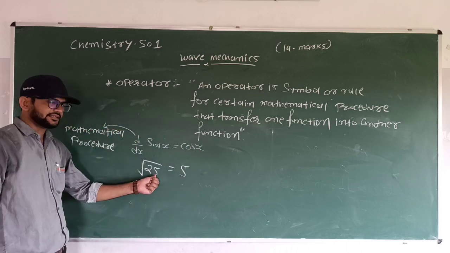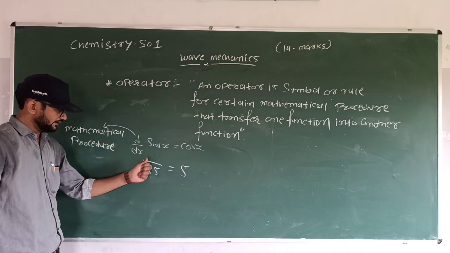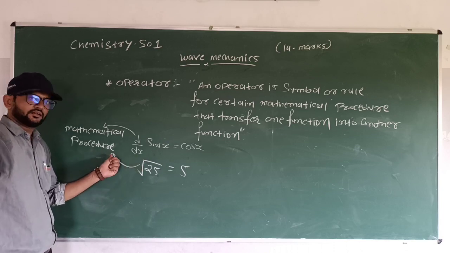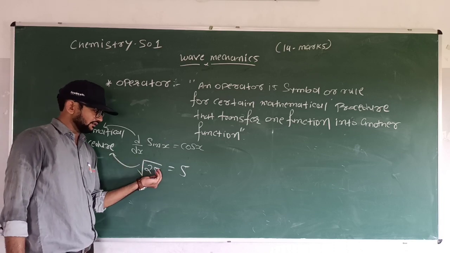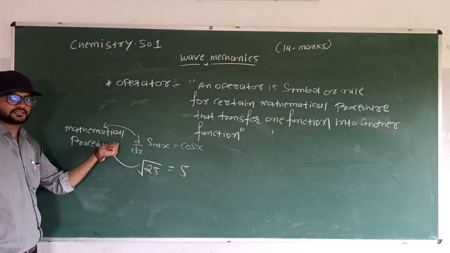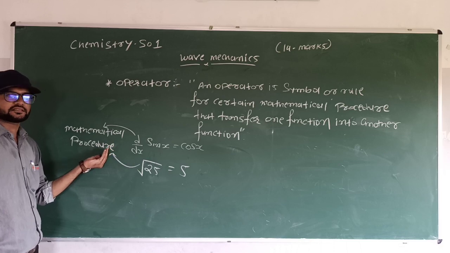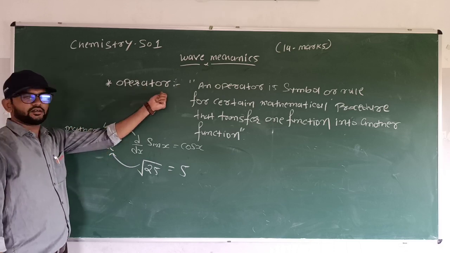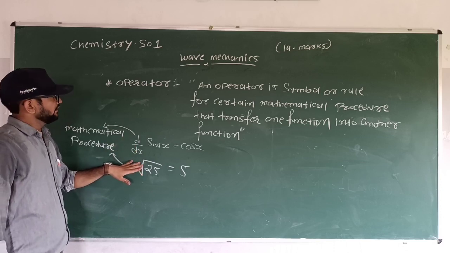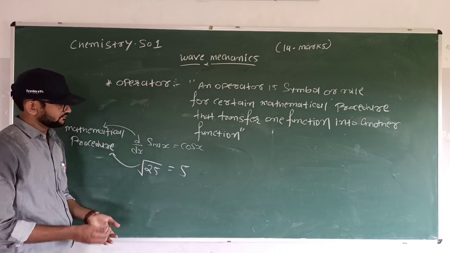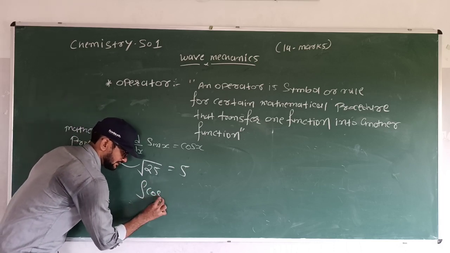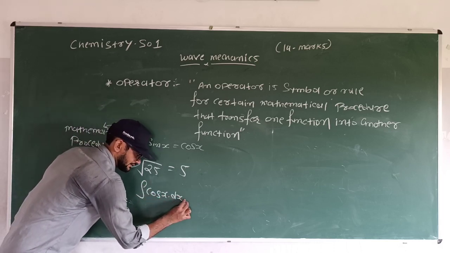So here 25 is a mathematical value. Under root is a mathematical procedure that converts 25 into another value 5. So here under root is a mathematical procedure, and this mathematical procedure in quantum mechanics is called operator. Suppose next example, integration of cos x into dx.